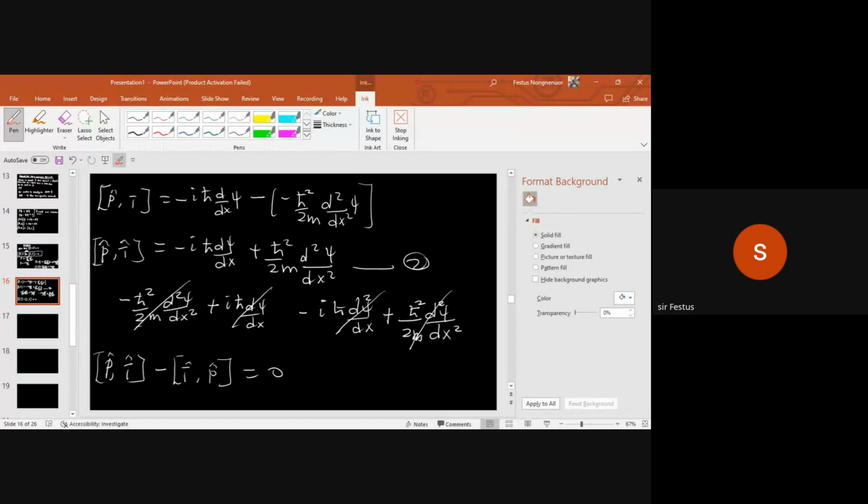And this shows that the operator P and operator T commute. This and this commute.